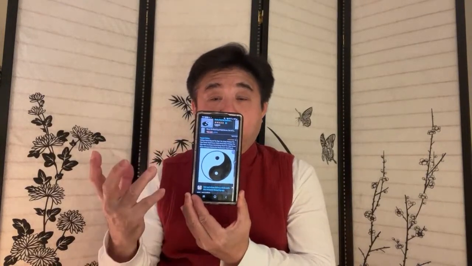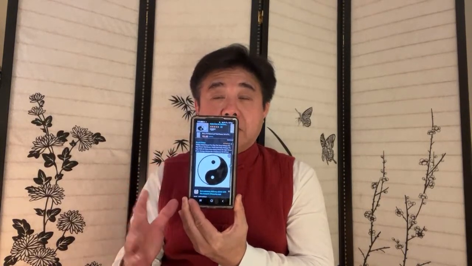If you look at this yin and yang circle, it moves. If it doesn't move, that means it's imbalanced.